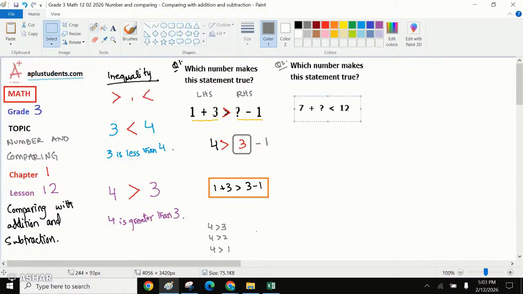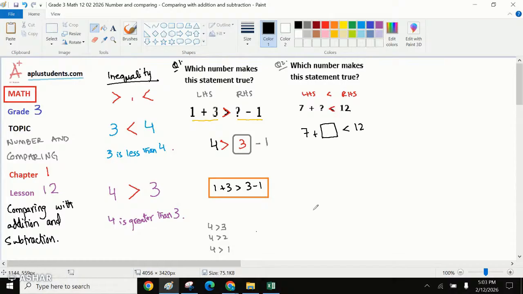If this is the number given to us, it says that the left-hand side is less than the right-hand side. Agreed? So 7 plus something has to be less than this. So if I write 7 plus a number, it should be less than 12.